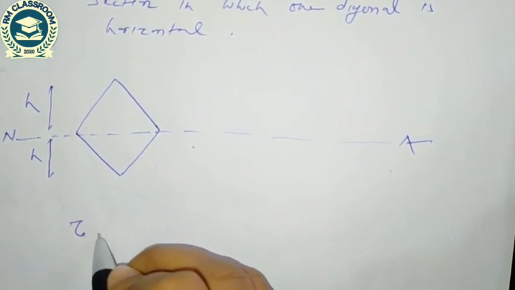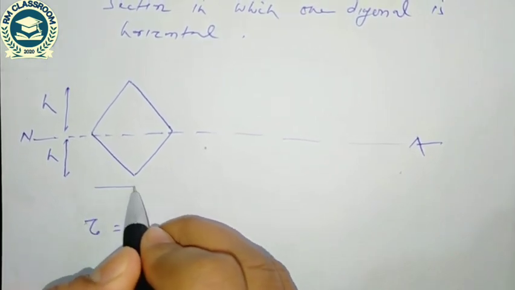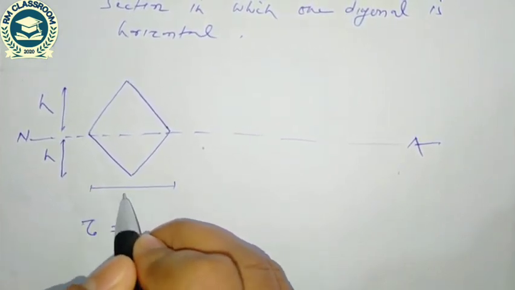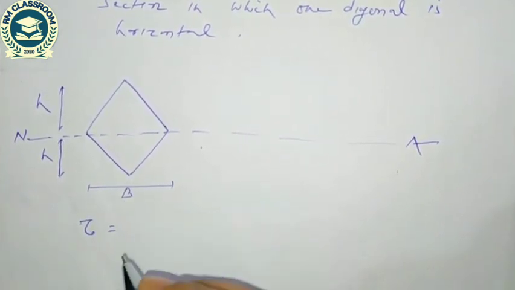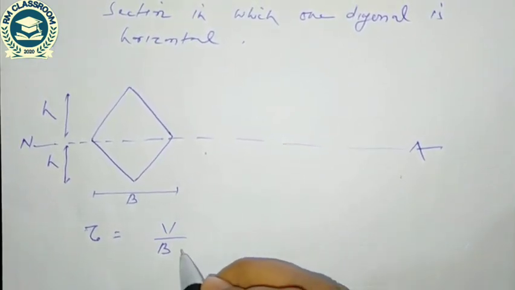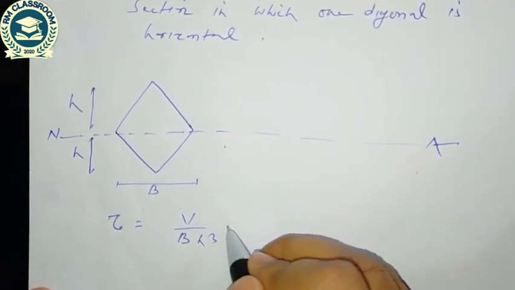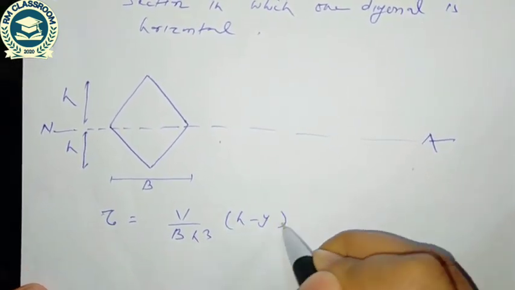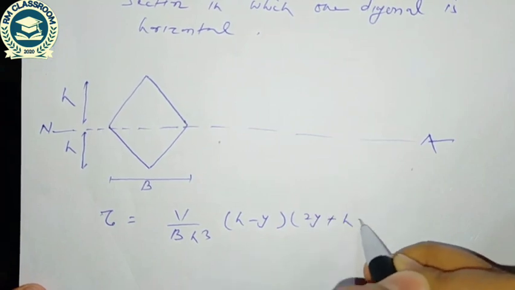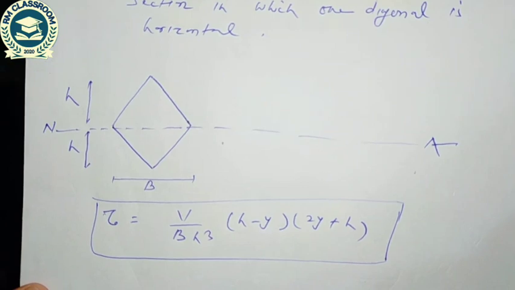I am writing the expression of shear stress: if diagonal is B, so shear stress is V by B H Q, H minus Y into twice Y plus H. So this is the expression of shear stress you have to derive.